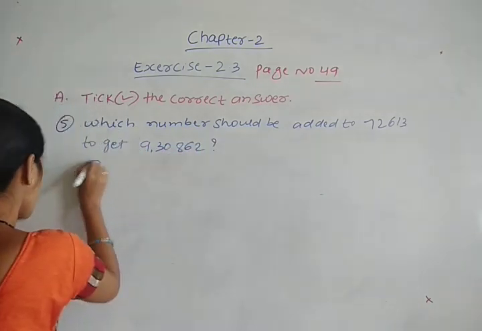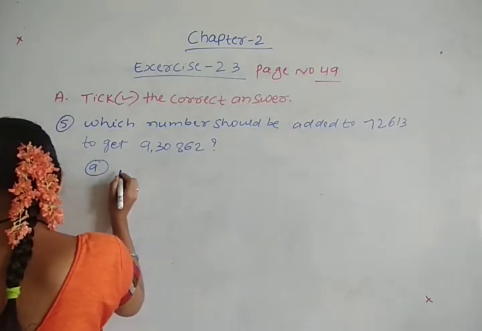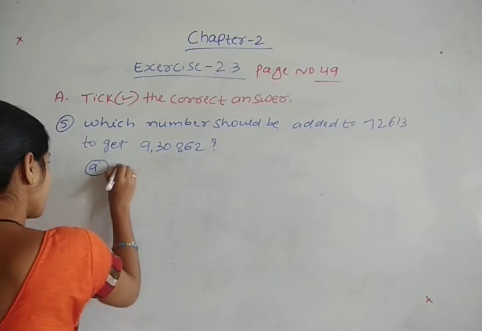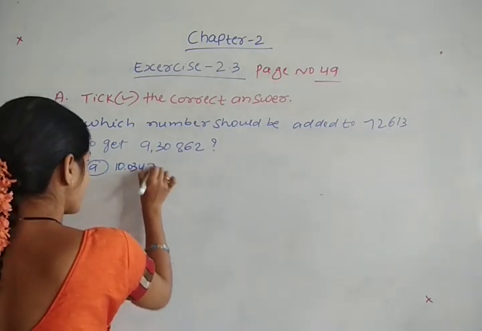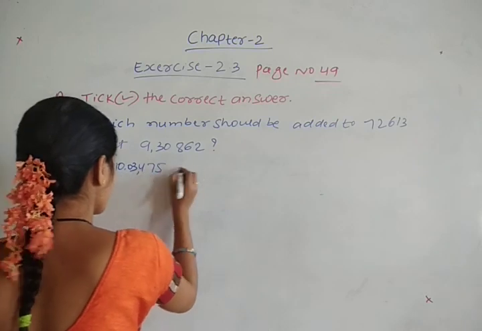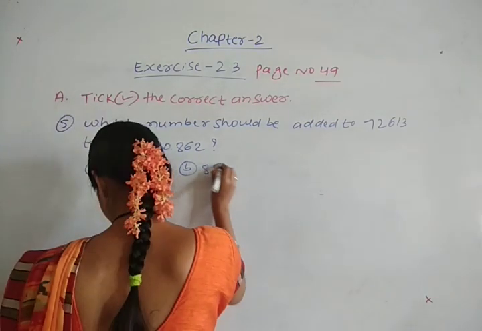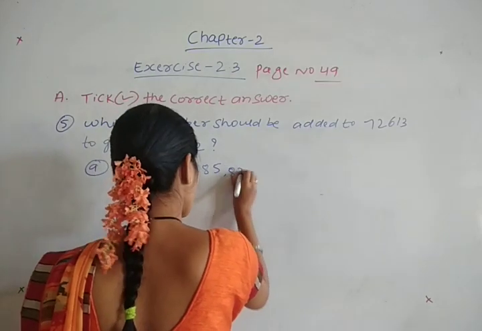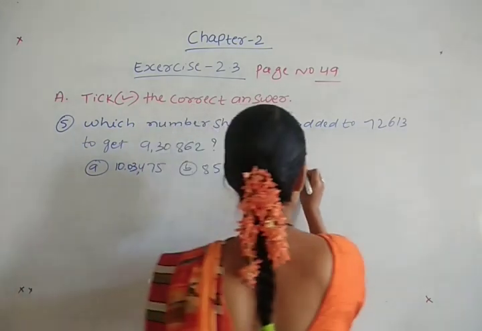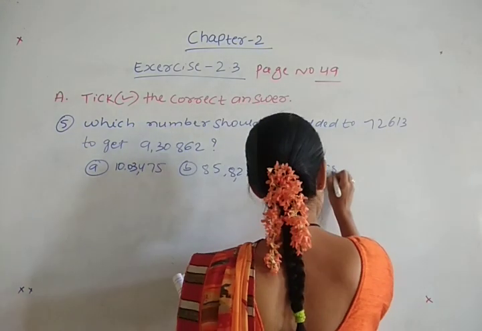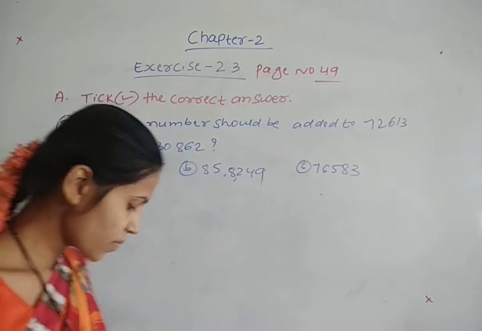And the options given are: option A, 10,03,475; the second one, 8,58,249; and option C, 76,583. Okay, so this is a question of the same kind.